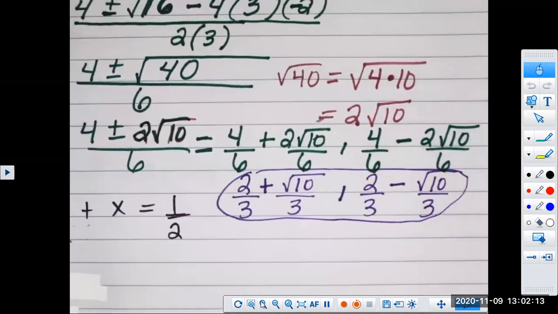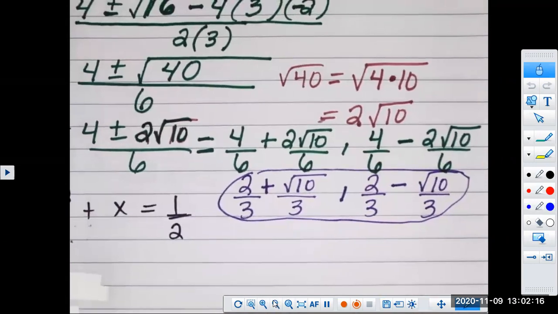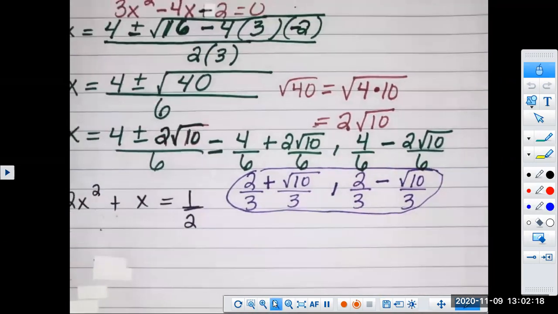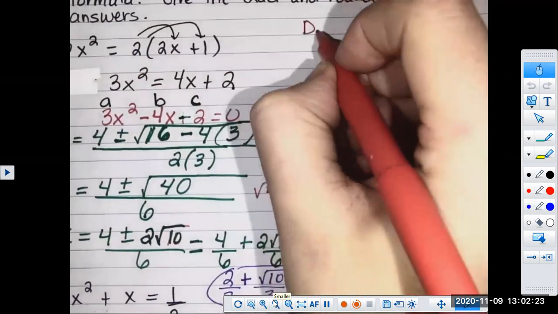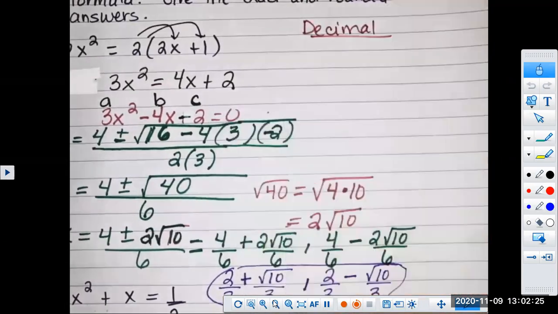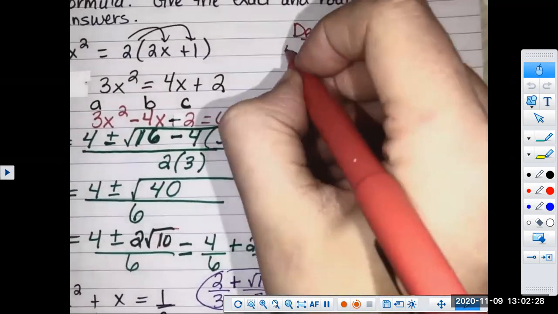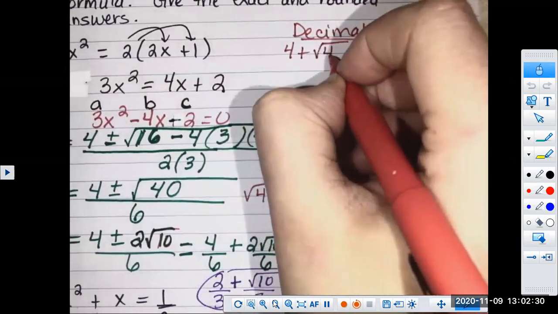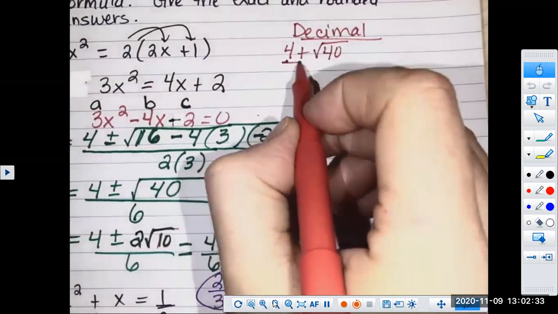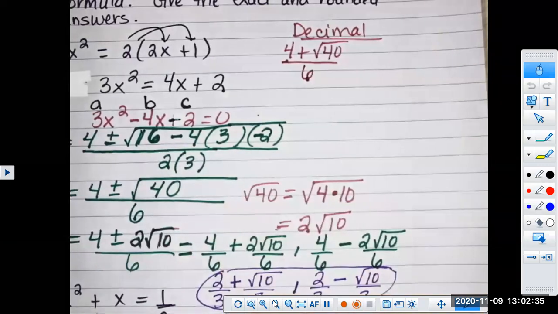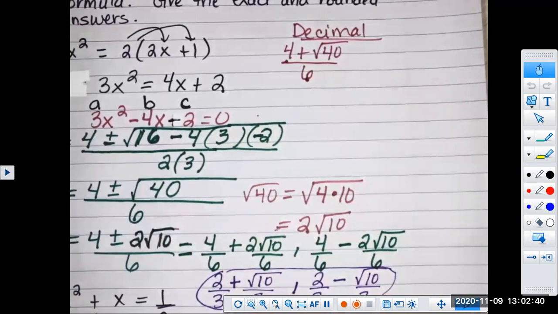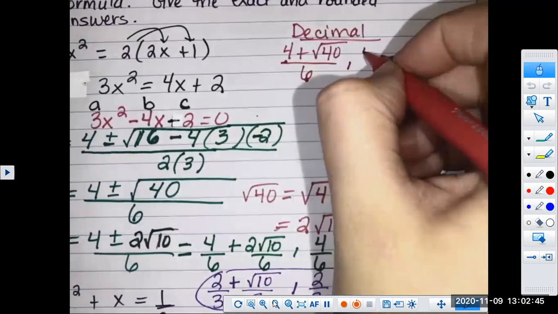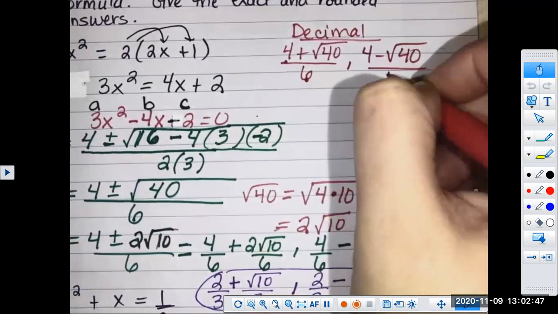Okay, if you were asked to leave it as a decimal, then you would be done at this point. So for the decimal version, you would just take 4 plus root 40, type that in your calculator, and then divide it by 6. And then you would take 4 minus root 40, divide that by 6.